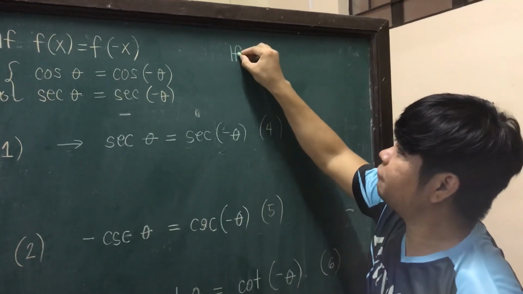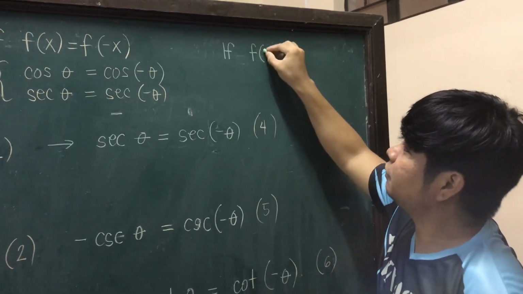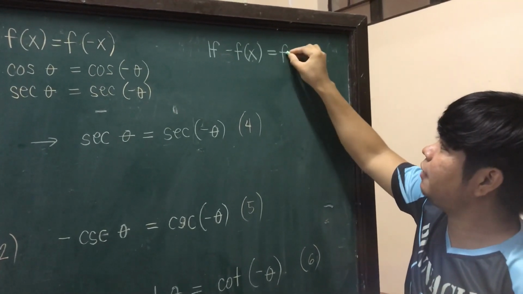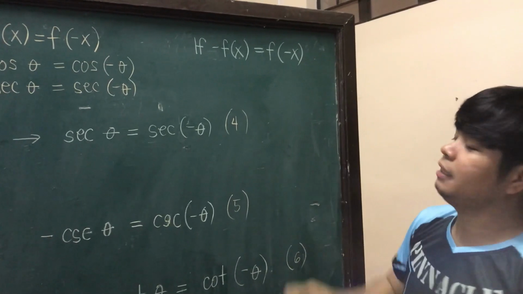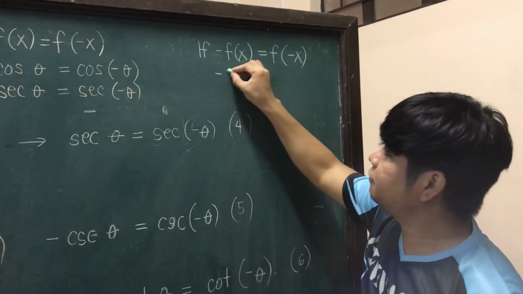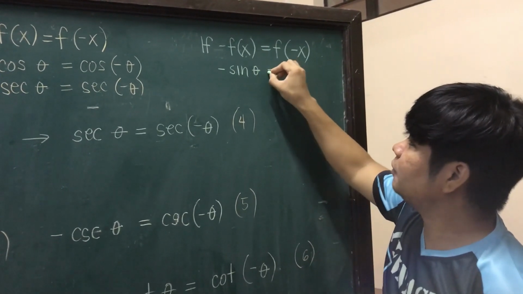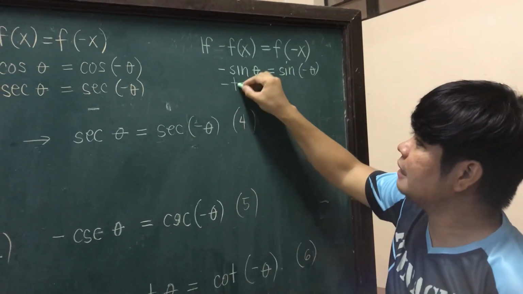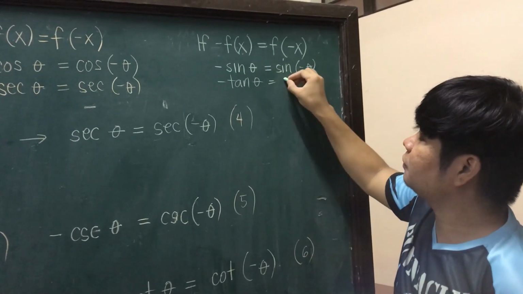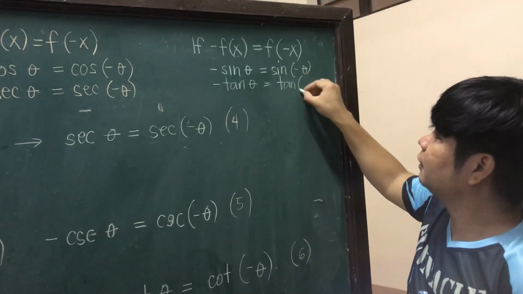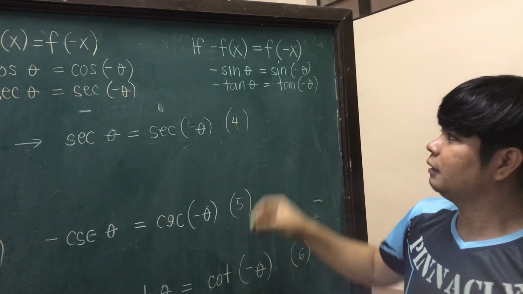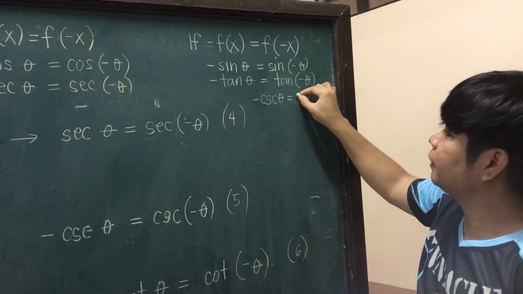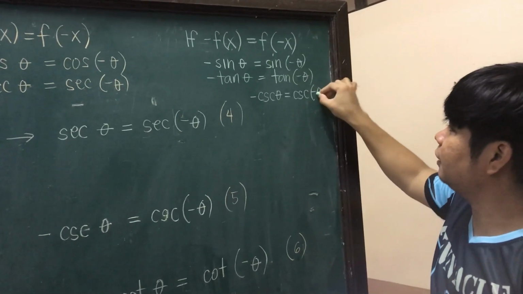But if negative of f of x is equal to f of negative x, just like negative sine theta is equal to sine of negative theta, negative tangent theta is equal to tangent of negative theta, together with negative cosecant theta is equal to cosecant of negative theta.